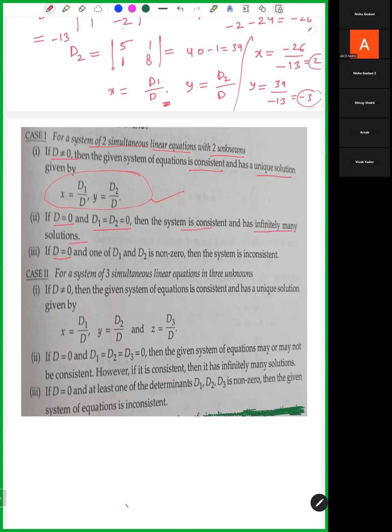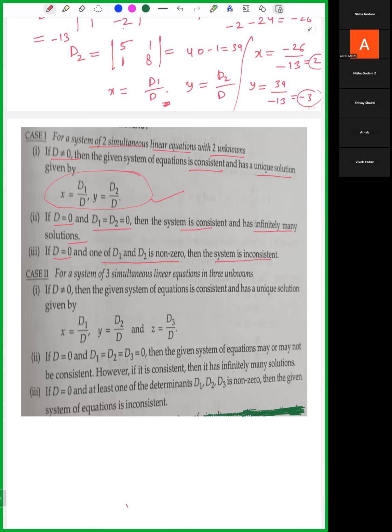But if D is 0 and one of D1 and D2 is non-zero, then the system is inconsistent, meaning no solution. So in this way you can determine when the solution exists, when the system is consistent, or inconsistent. So Cramer's rule also helps us to determine about the solution.